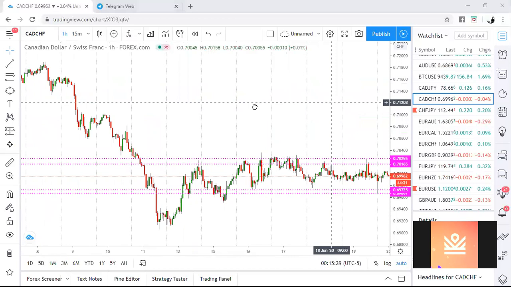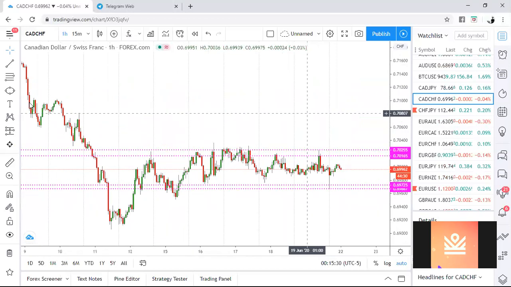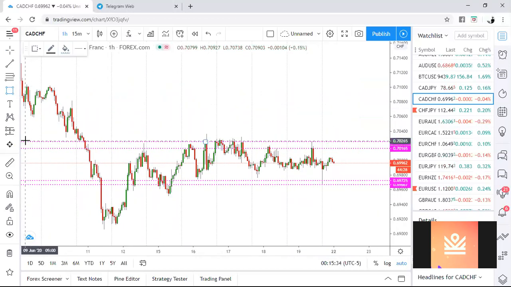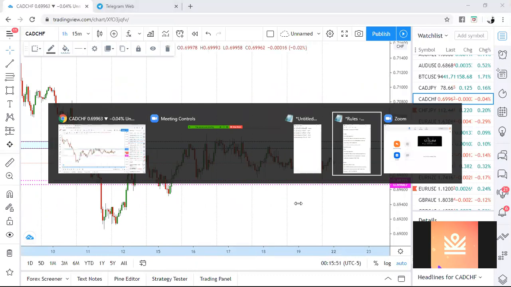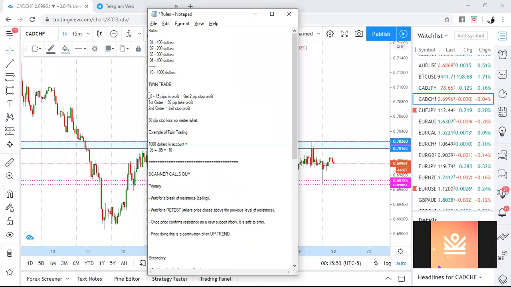How do you know when to update your zones? That's a good question. The main reason why you update your zones, one of the ways I would do it, and Chris always says to do this as well in his strategy, is when you get your 2 pip stop profit hit, when you secure a 2 pip stop profit after it goes 10 to 15 pips as per the rules, right? It says 10 to 15 pips, set a 2 pip stop profit.